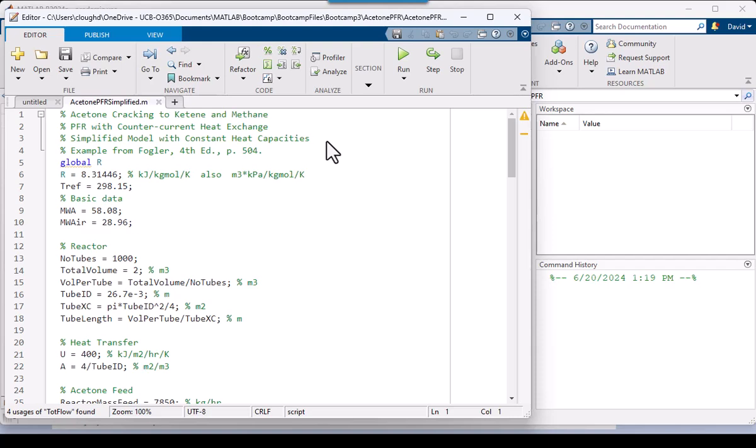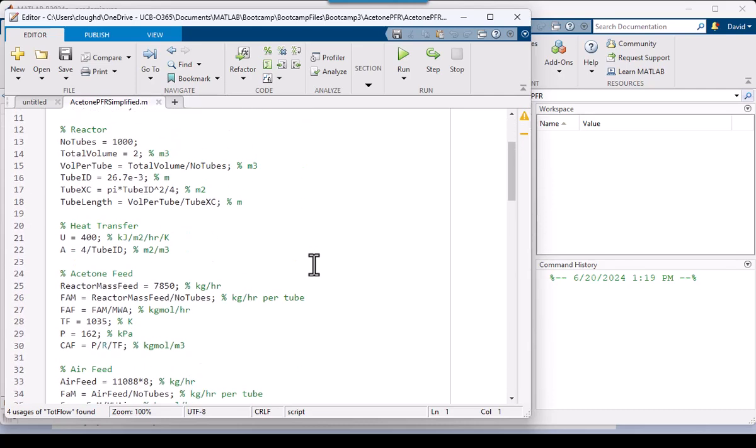It has a similar organization to what you've seen now several times, using a lot of comments. We have some basic data here that we specify. These are the geometric data for the reactor. Here we have the molecular weight of acetone in air.